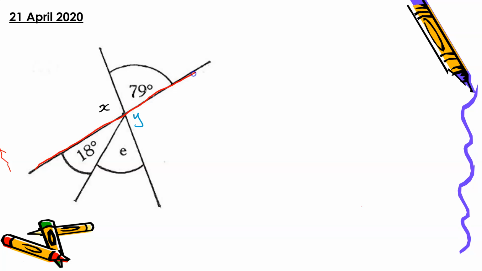If we take a look at this line here and this line here, what we should notice is that 18 and E are vertically opposite each other. So starting off trying to work out E, 79 degrees must equal the same as E plus 18.